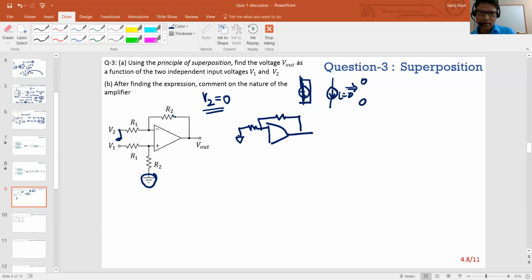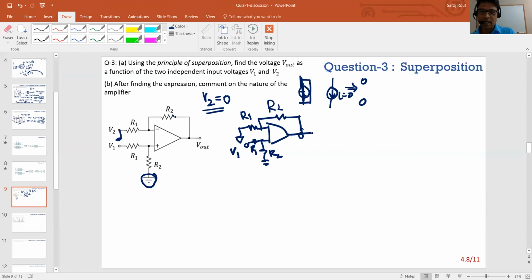This will be ground, that's R2, R1, and this node will have R2. Sorry, the diagram is not very clear, but I think you get the picture. So this is R1.